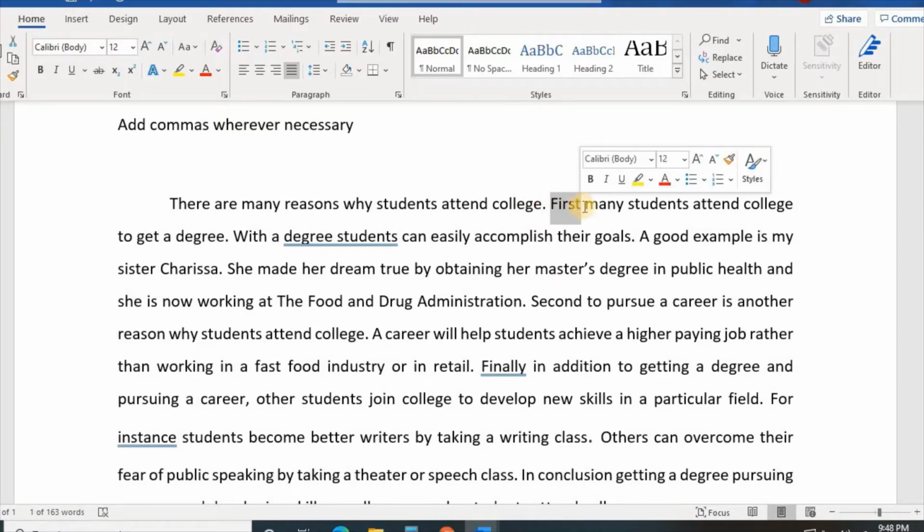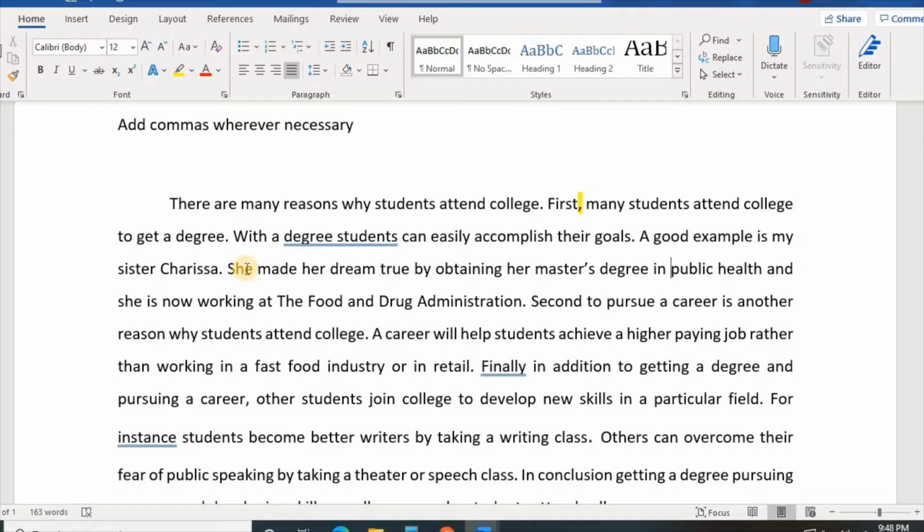And this transition is first, and we learned in the previous video that we need to add a comma after introductory words, and I mentioned some examples including first, second, third, however, etc. So first is one of the transitions or the introductory words that needs a comma after it. So I'm going to add a comma here, and I'll try to highlight every single comma so that it becomes very visible. Okay, so many students attend college to get a degree.